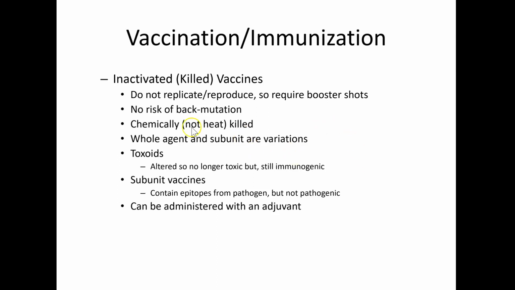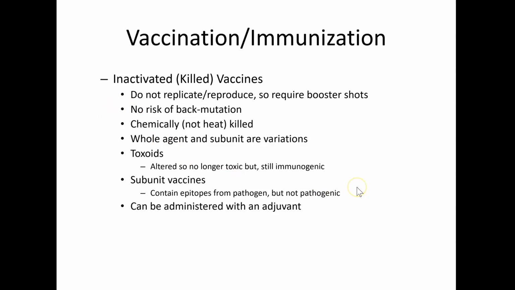There are variations on this. Essentially, we can take antigenic portions from a virus or from a microbe and introduce that portion into our body, and that educates our immune system to that particular epitope or that particular antigen, but there's no way that these can be pathogenic because all of the harmful portions are removed.